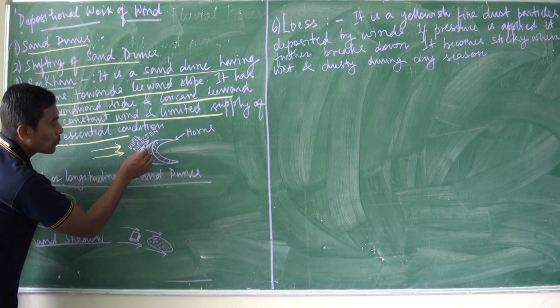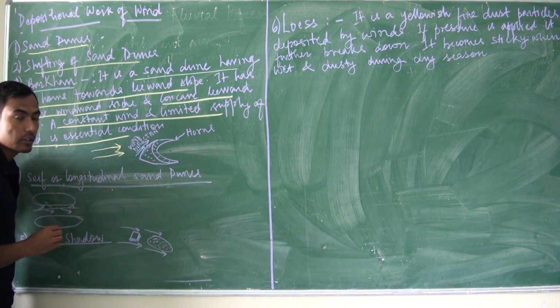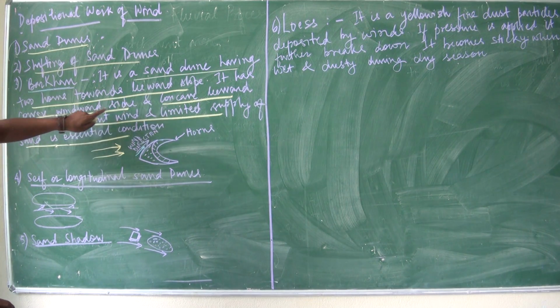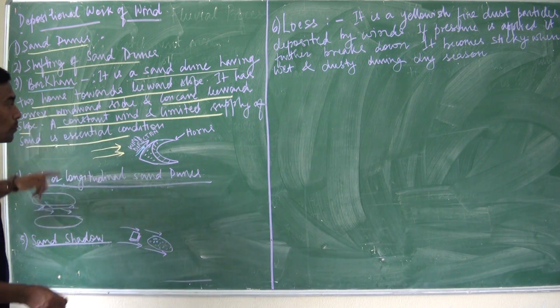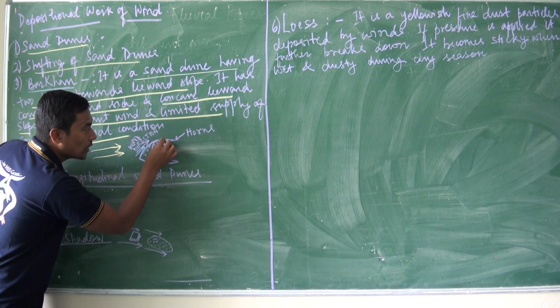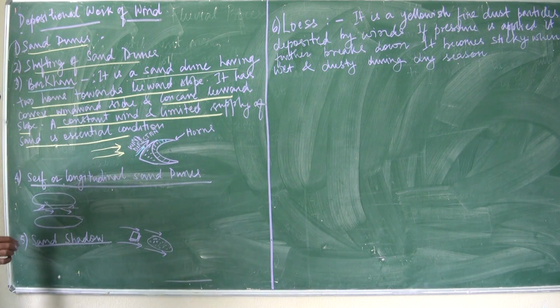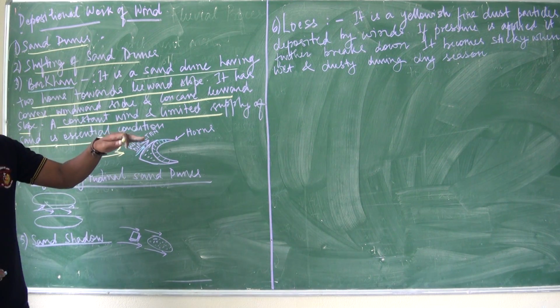As it becomes higher, the windward side has a gentle slope, that is the convex side. It means that it has a gentle slope as well as a convex slope, whereas the other portion, the leeward side, has a concave slope. This concave slope comes into existence when the deposition of sediments keeps on increasing.